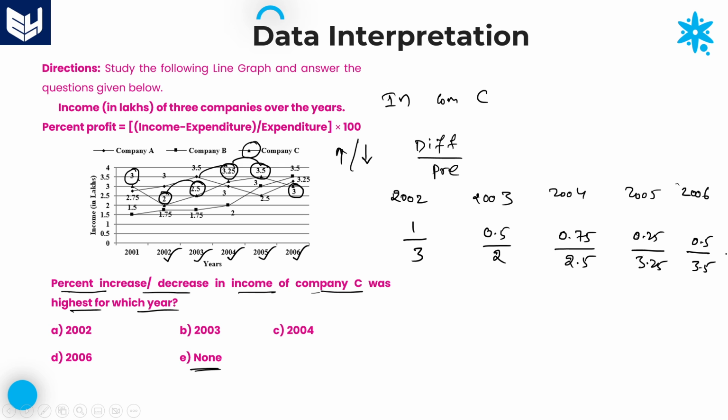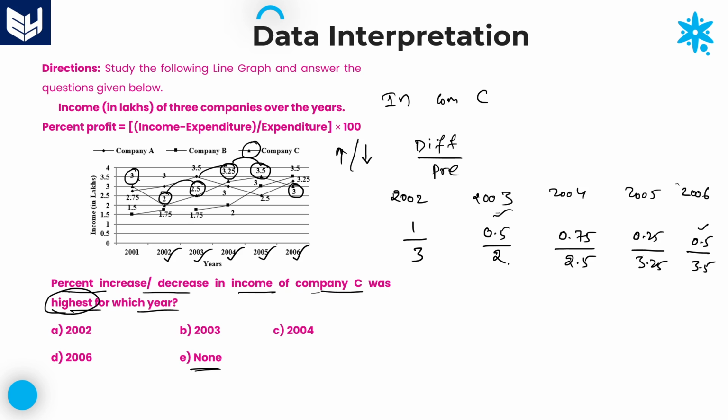Okay. Now among all these fractions, which one is the highest? That is your answer. Here, if you observe carefully, in 2003 and 2006 the numerator values are both 0.5, equal.